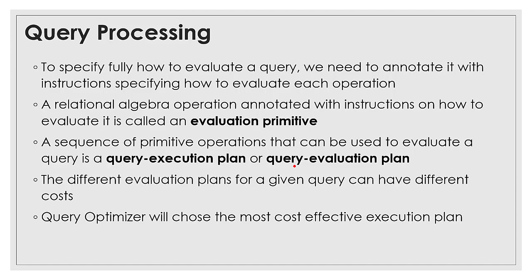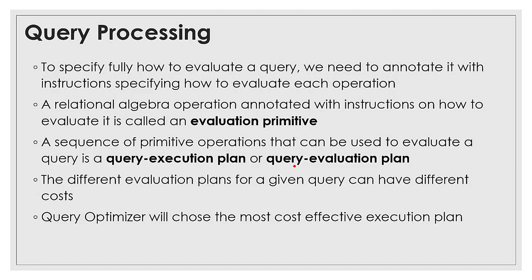A sequence of primitive operations that can be used to evaluate a query is a query execution plan or a query evaluation plan. Different evaluation plans for a given query can give different costs.